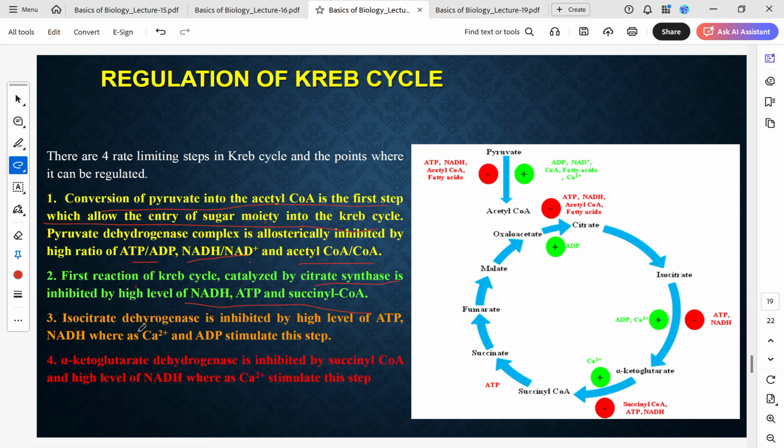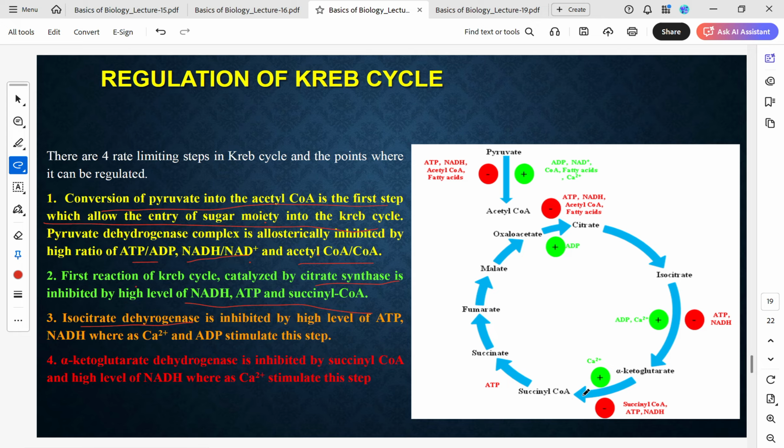The third rate limiting step is conversion of isocitrate to alpha ketoglutarate. Isocitrate dehydrogenase, the enzyme that mediates this process, is inhibited by high levels of ATP and NADH, whereas presence of calcium and ADP stimulate this step.